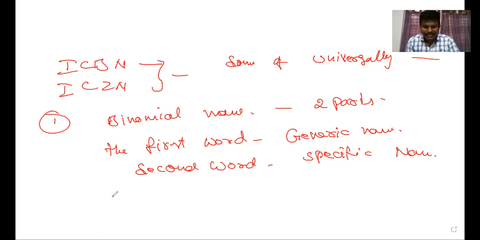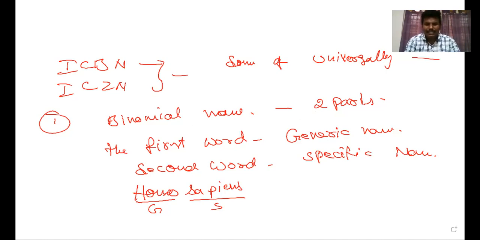For example, the scientific name of human being is Homo sapiens. Homo is the generic name, sapiens is the species name. This is the first universally accepted principle.